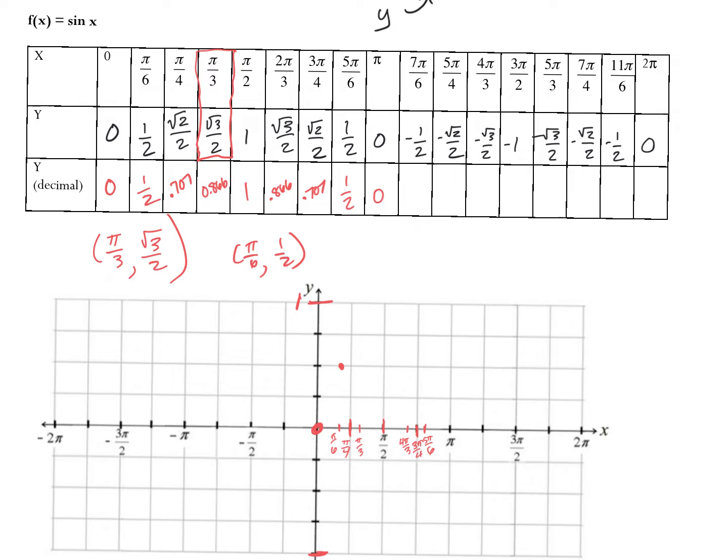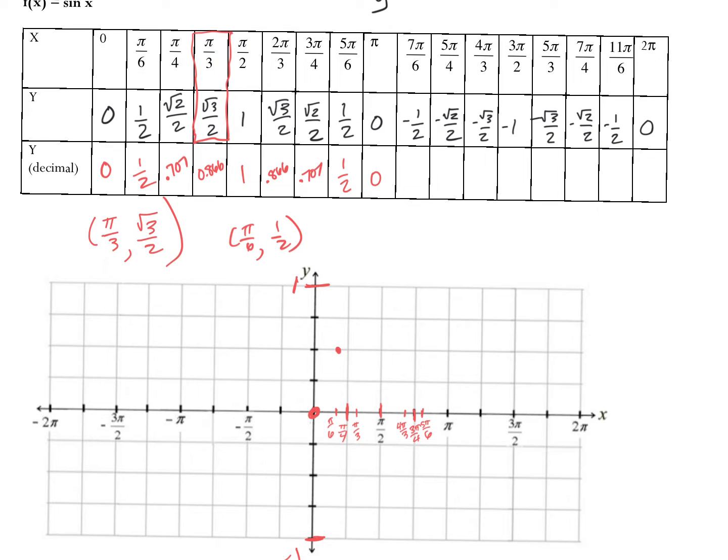What's my next point? It's pi over 4, 0.707.